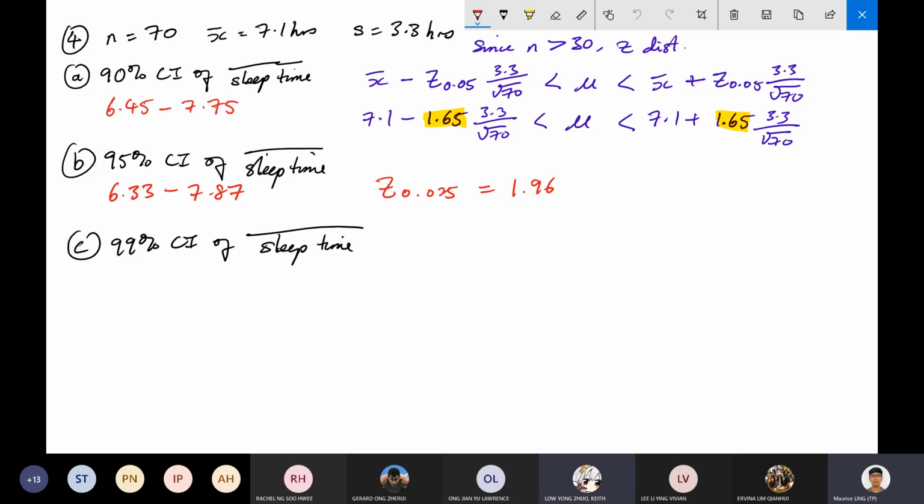For part C, the answer is 6.08 to 8.12. Correct. So in this case, we are using Z 0.005, which gives you 2.58. Yes, no problem. Very good.